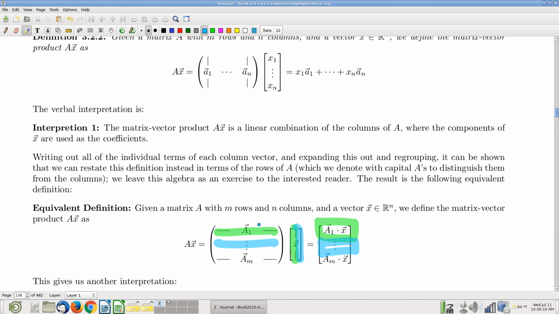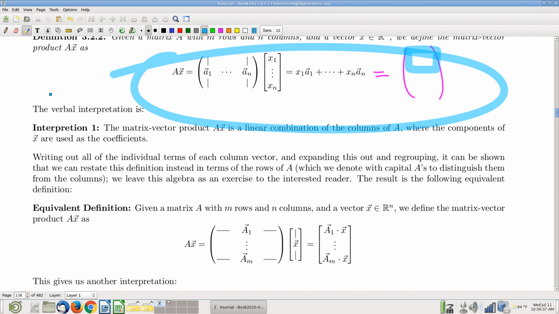Let me try to persuade you of why it is. It's a matter of writing down the algebra, but here's a way to think about it. Let's look at this product here, and let's compute these results one coordinate at a time. How would I compute the first coordinate using the linear combinations point of view? Forget about the old high school dot product formula. I want to use the linear combinations point of view.